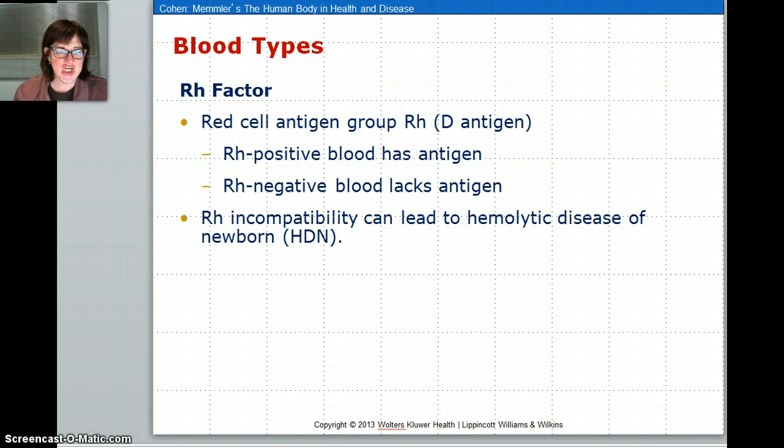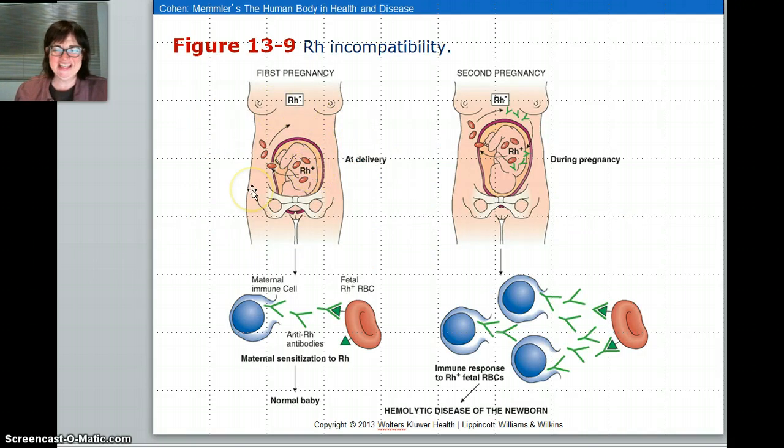And this will occur in a newborn of the second child, not the first child. And it's very specific. The mother must be Rh negative. The father must be Rh positive, which results in the child being Rh positive.